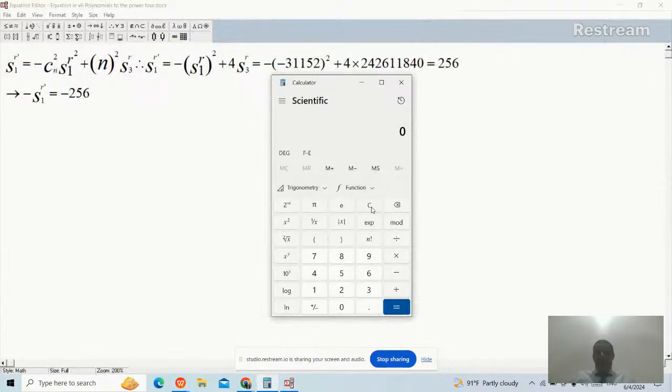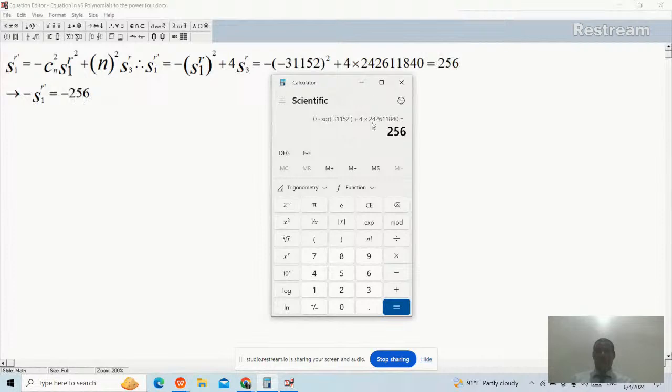Okay, we told that negative 31152 squared, plus 4 times 2042,611,840. This one should be equal to 256. Therefore, S1 of the dash equals negative 256. Okay, which is negative in fact.